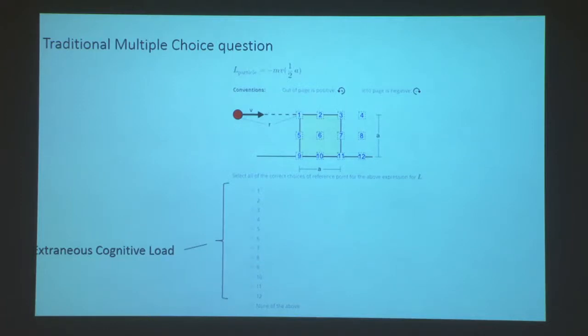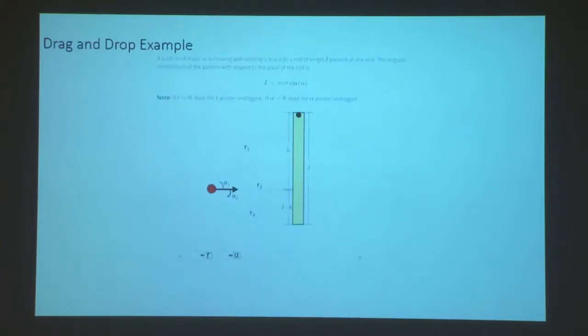So what we wanted to do is make these problems a little bit more straightforward. So we designed things like this. Now, in this problem, you're required to identify which of these distances you should use for this r in this equation. And we created this r locator, which you could then drag to, I'm going to use this as my r.